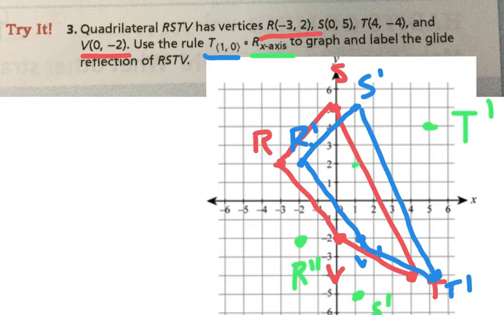And so right here is my point V double prime. Then when I connect them, I have my quadrilateral after it has been reflected. So you see, I'm just combining my two rules that they give me to create the transformation they are looking for.